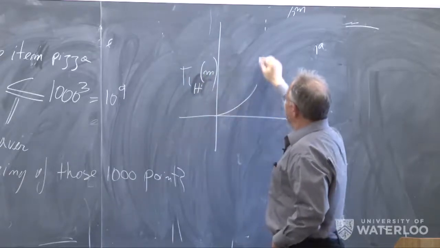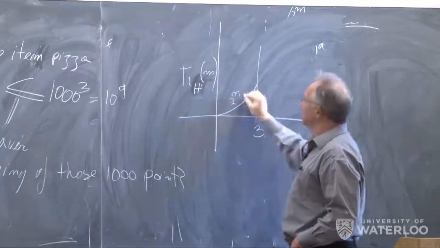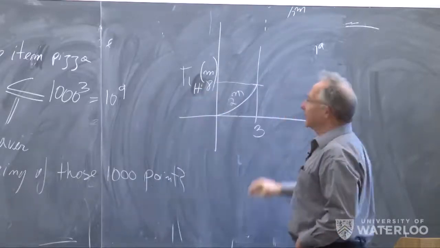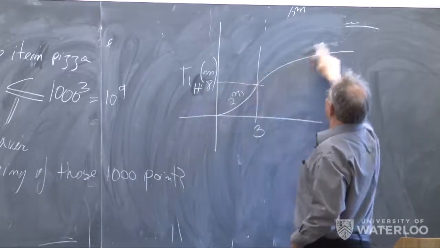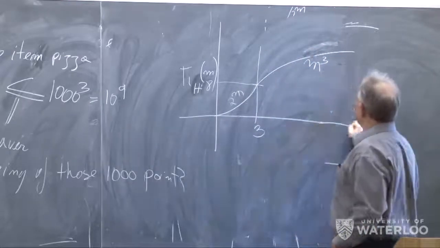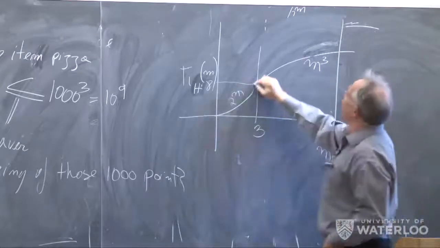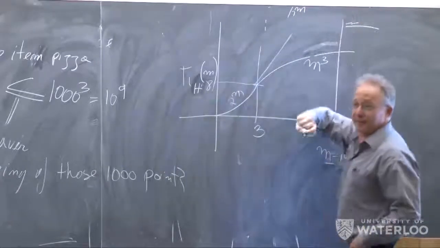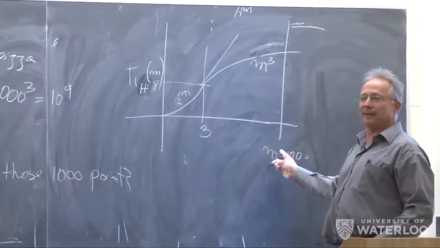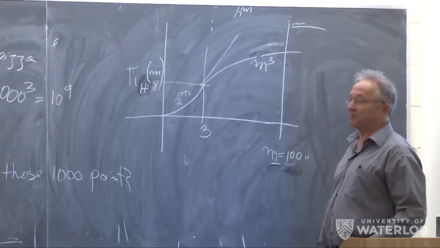Up to 3, it's 2 to the m, so here we get 8. And from here on, it goes much slower. It's only m to the power 3. So if we hit m equals 1000, this guy is way over the ceiling, 10 to the 300, while this guy is only 10 to the 9, which is also third floor.